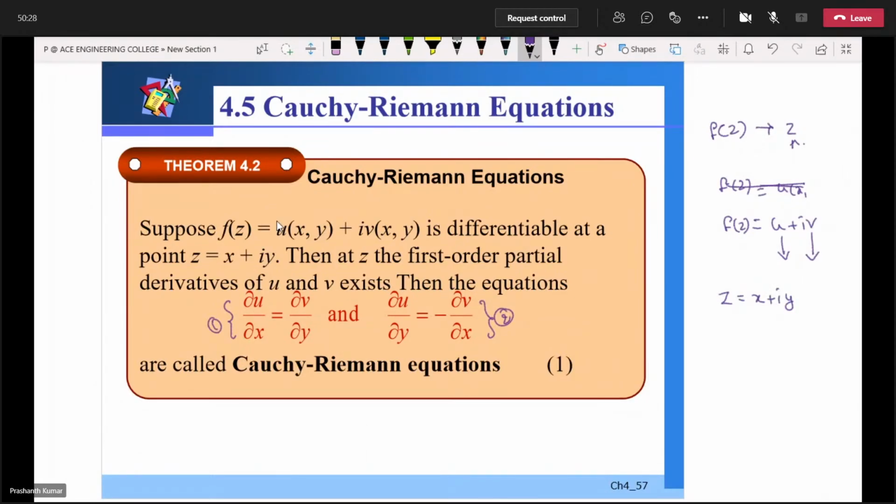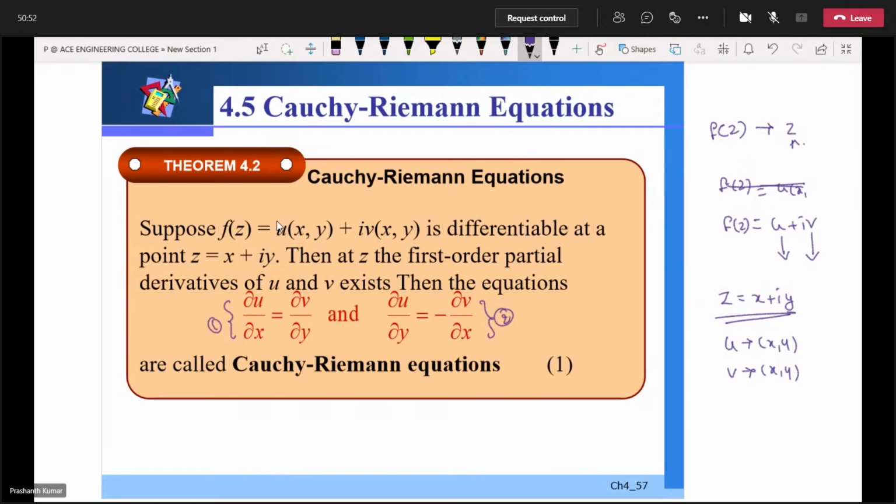So that means what is u? U of x, y. U is a function of x, y. V is also a function of x, y. అంతే కదా, two functions. Then f of z is equal to u plus iv. We will write z is equal to x plus iy.